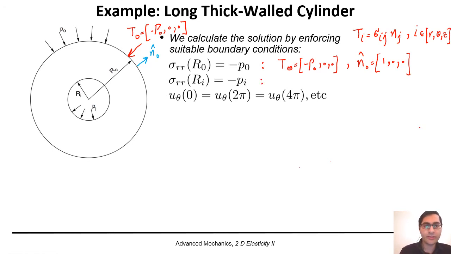For the inner tube, the pressure is along the radius, so the traction is PI, 0, 0, but the normal vector is toward the center of the circular cross section.